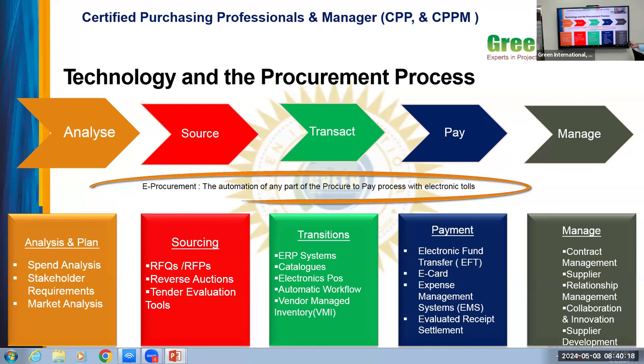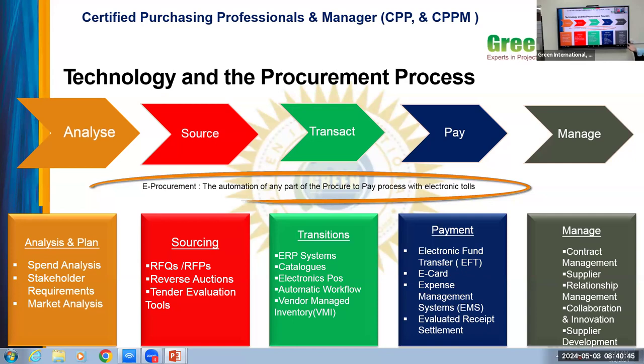So these are basically how technology can be used in the procurement process, starting from the analyzing process right till the process of supplier evaluation. Payments can be done through electronic transfer, teletransfer, e-card, expense management system, evaluated receipt settlement, etc.